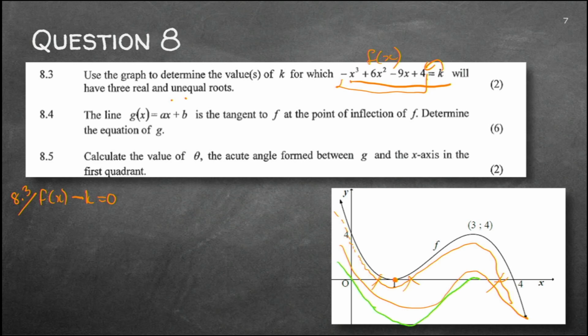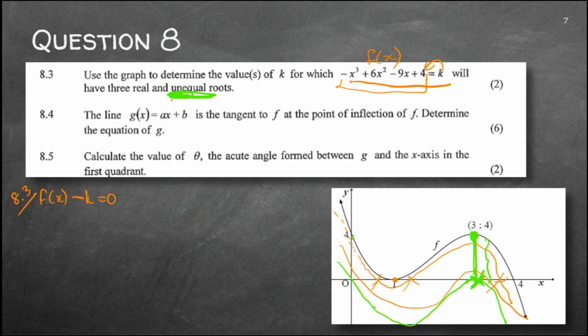And this turning point turns on the x-axis. So as soon as this turning point reaches there, I have to stop, because now we're back at the equal roots, and they're very specific with unequal roots. So I need to lower it as quickly as possible until what? Until it goes to -4. So how will I state it?